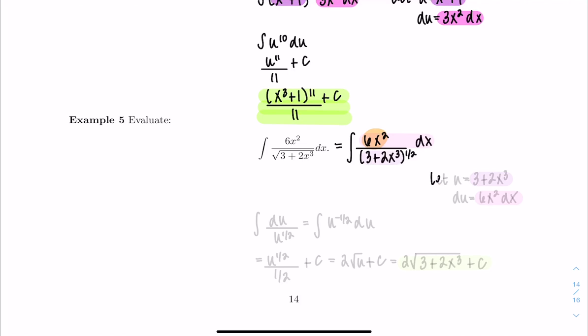So I'm going to let u be 3 plus 2x cubed. And so then du is 6x squared dx.